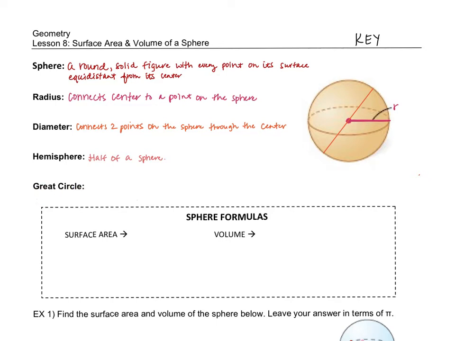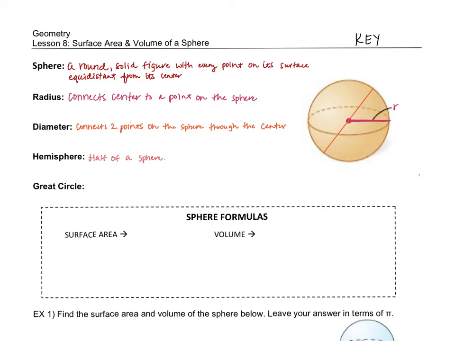Now, we're going to go into a new vocab word that you haven't seen yet, a great circle. That is a circle that has the same center and radius as the sphere, and it divides a sphere into 2 hemispheres. So that's essentially what we're looking at right here. That's going to be our great circle.